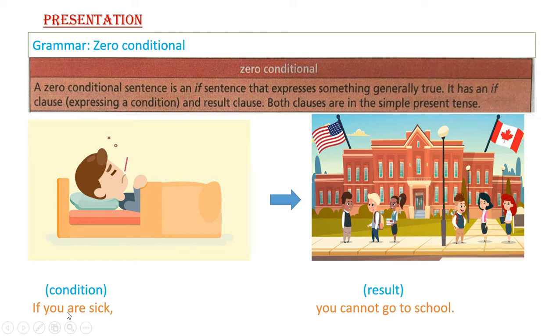See, if you are sick is a kind of present tense, and you cannot go to school is present simple tense too. If you are sick, it is a condition. The result, if you get sick, is that you cannot go to school. So this is the zero conditional, talking about something that is generally true in the present time.